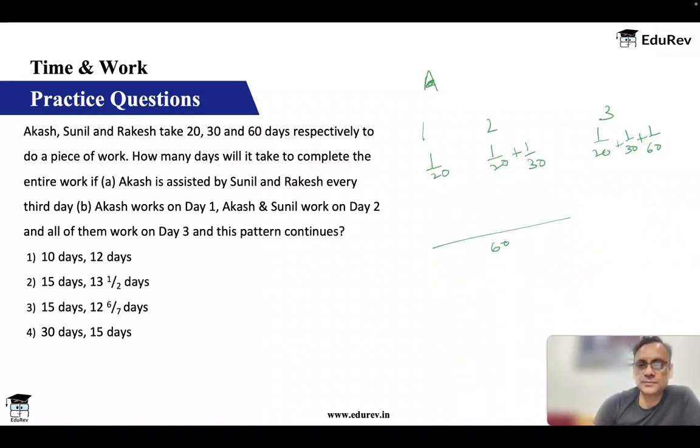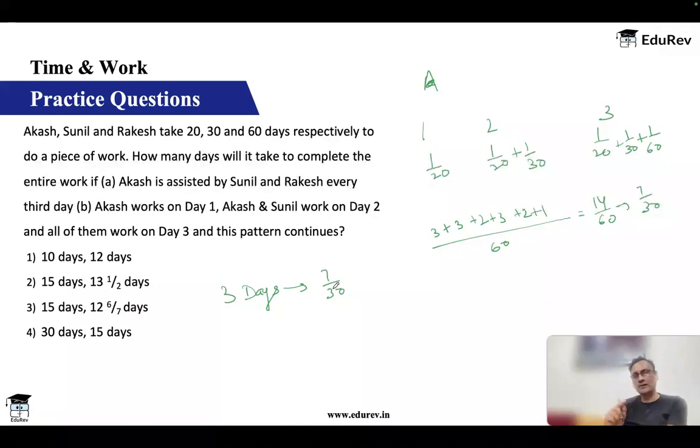I get 60 in the denominator, and 3 plus 3 plus 2 plus 3 plus 2 plus 1, which gives me 14 by 60 or 7 by 30. So in 3 days, work done is 7 by 30.